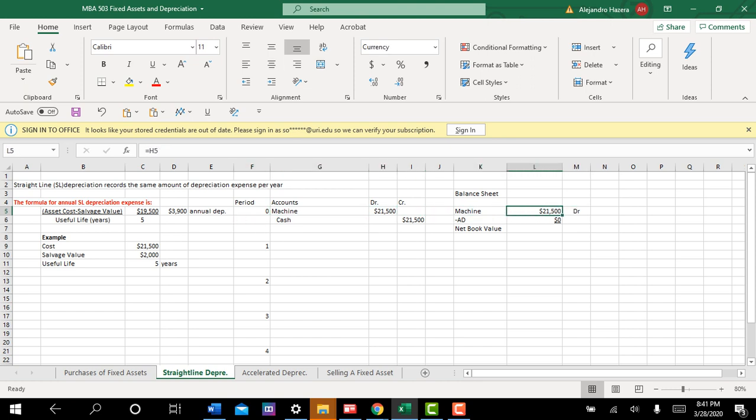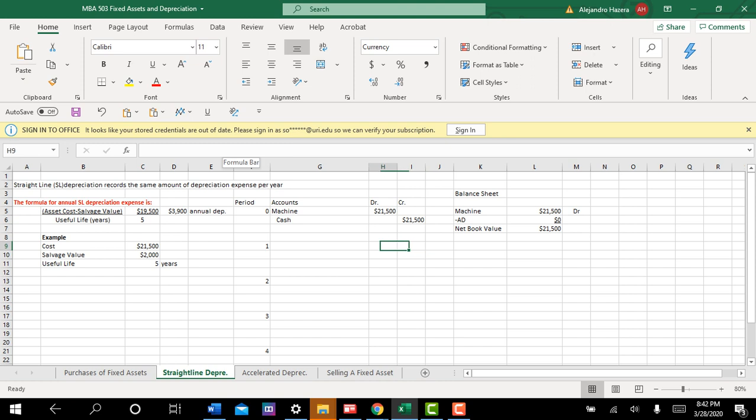Notice that that debit is equal to that debit right there. So your machine account is equal to $21,500. There's no accumulated depreciation. So right after you purchase the asset, at the beginning of its useful life, the net book value is equal to the cost of the asset. So I'll outline that right there. The machine less 0 in accumulated depreciation gives you a net book value of $21,500.